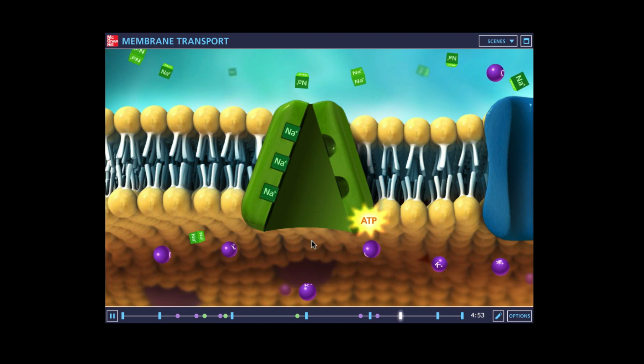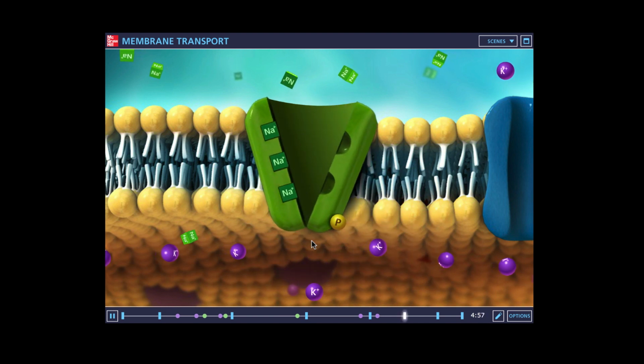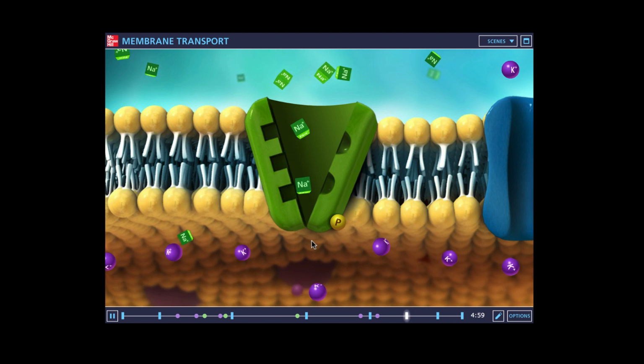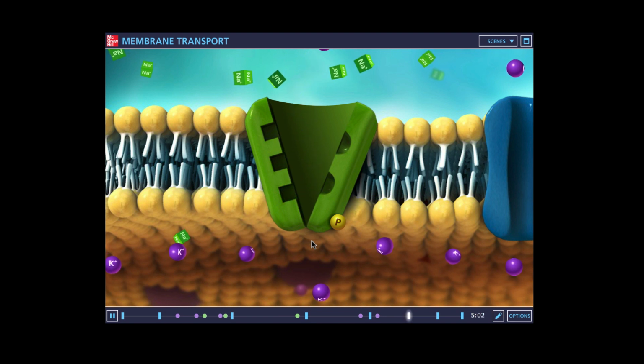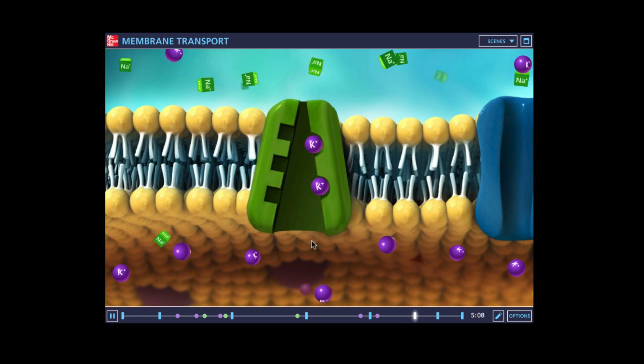ATP fuels the pump in the movement of these ions from low to high concentrations, moving sodium ions outside of the cell where they become concentrated, and bringing potassium ions into the cell where their concentration is higher relative to the outside.